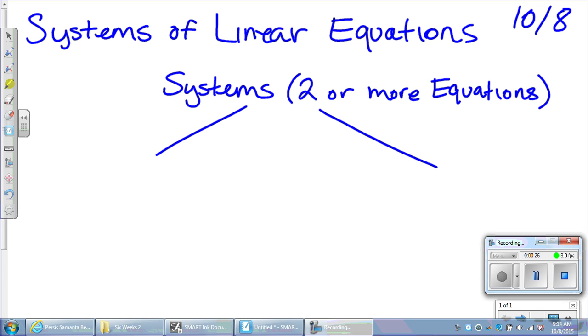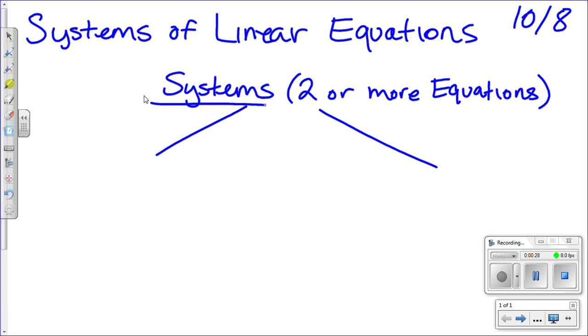So when we refer to the word systems, we're talking about two or more equations. So from there, we're going to classify them into two. One will be inconsistent, and the other one will be consistent.